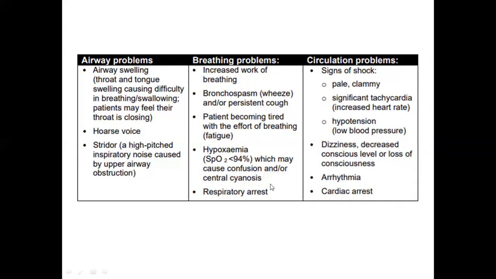If saturation is going down following some allergic trigger, less than 94, it can be taken as anaphylaxis if the setting is correct. And if there is respiratory arrest, that is the breathing part. As circulatory features: signs of shock, pale, clammy, significant tachycardia, hypotension, dizzy, and cardiac arrhythmia and cardiac arrest.